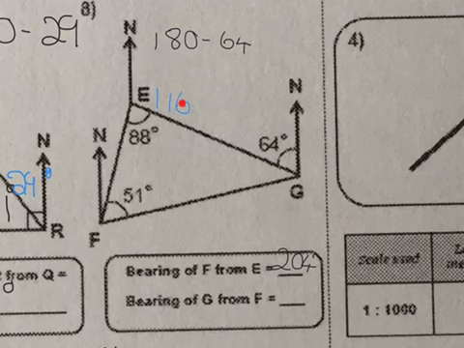It's 204. Angles around a point add up to 360. So that means I can calculate this one here. So this angle in here is 156 degrees. Parallel lines, interior angles, add up to 180. So if we do 156, take it away from 180, we're going to get this angle in here.